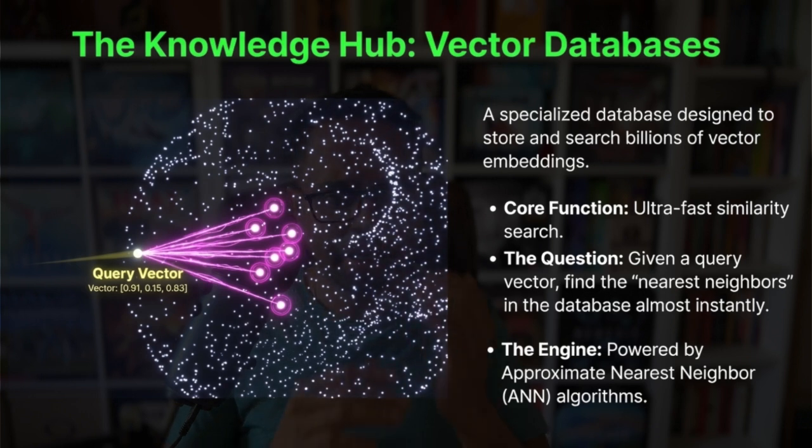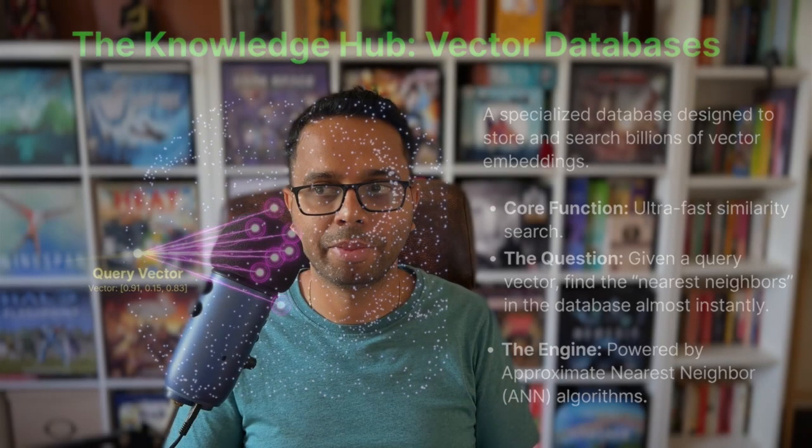Now it concentrates on the question, right? So as I was saying, it looks at my question, converts my question into a vector, and does this approximate nearest neighbor search that I was talking about, and it does it almost instantly, right? And the engine behind these databases is ANN, or the approximate nearest neighbor.